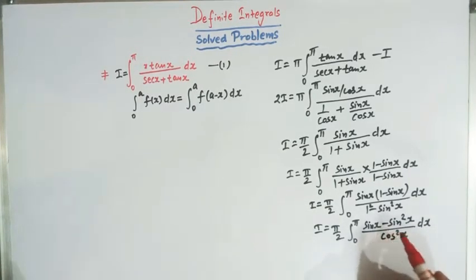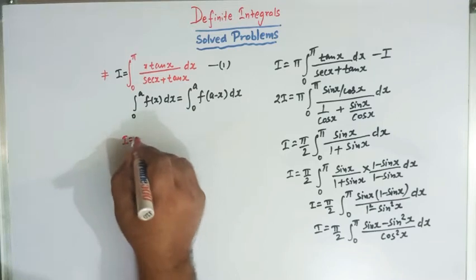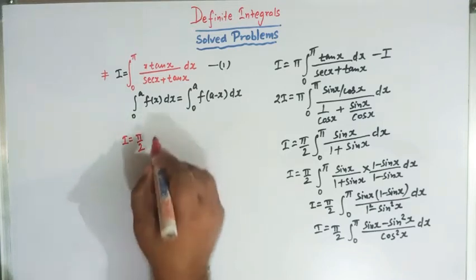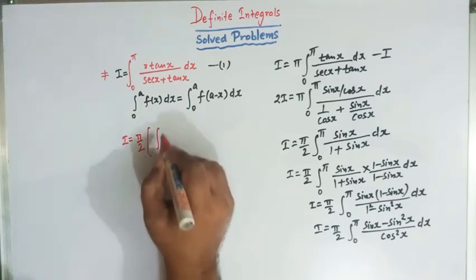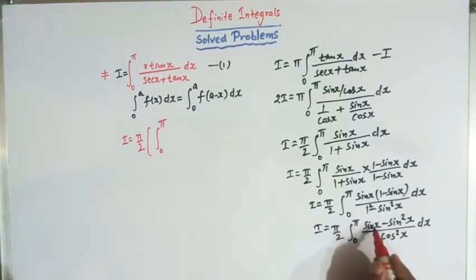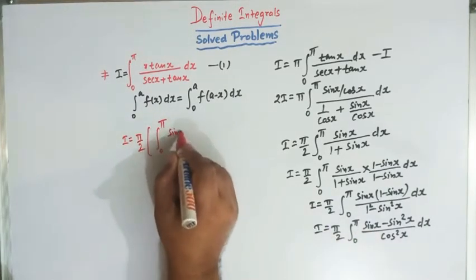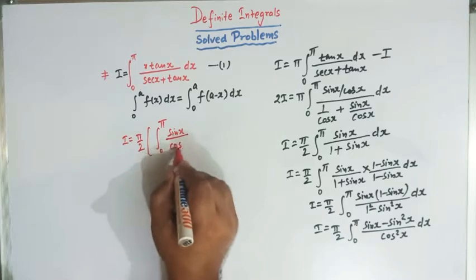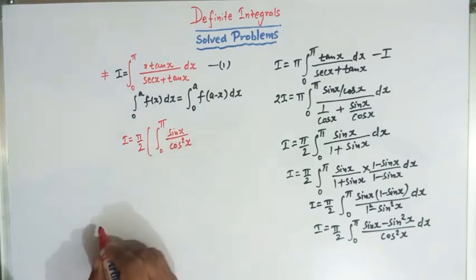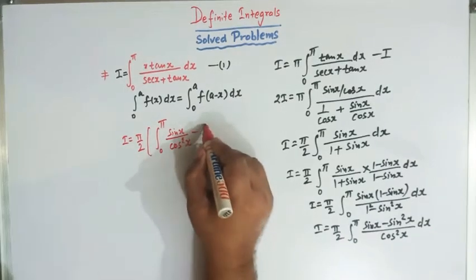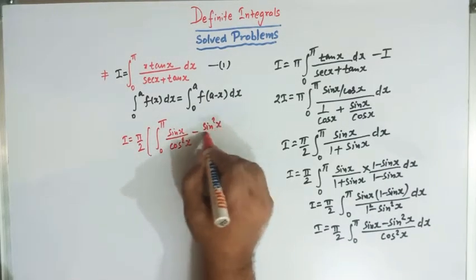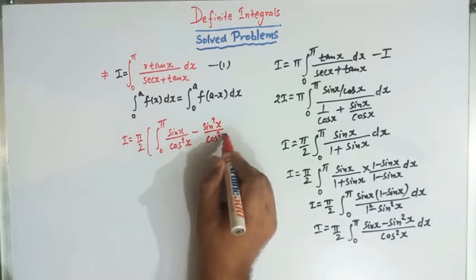Now viewers, separating this into two integrals, we have I is equal to pi by 2 times the integral from 0 to pi of sin x over cos square x minus sin square x divided by cos square x.